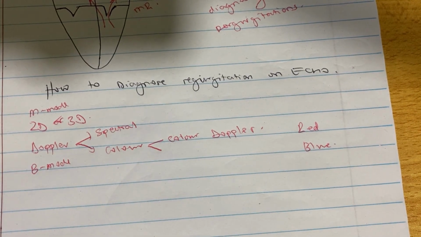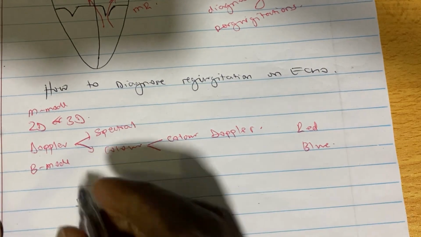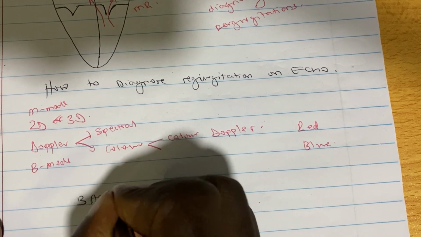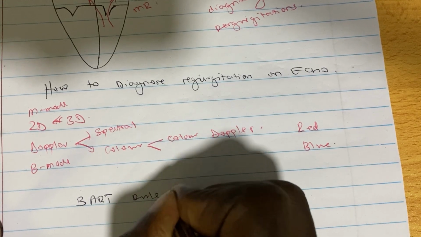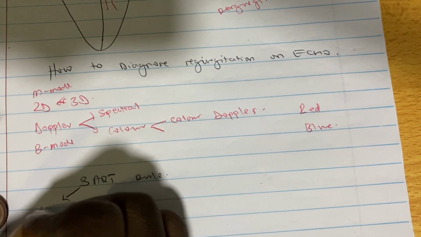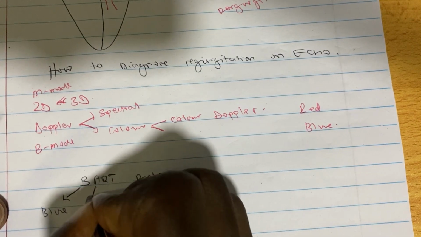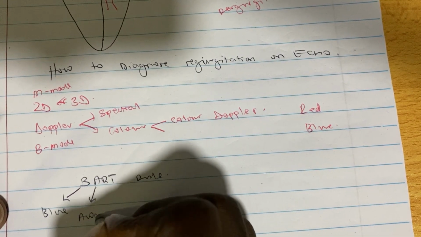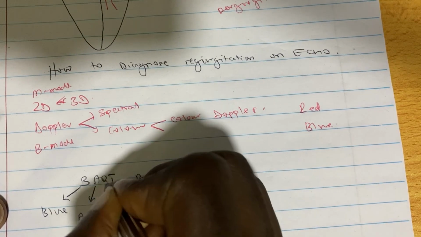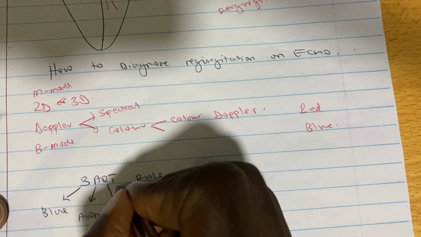And then there is something called the BART rule. What is B? B is blue, as I've named here. A is away. R is red, as I named it here.